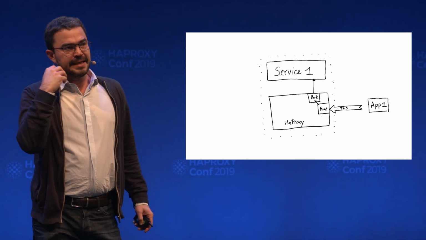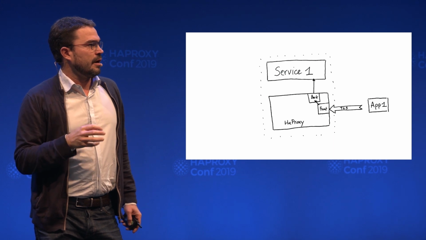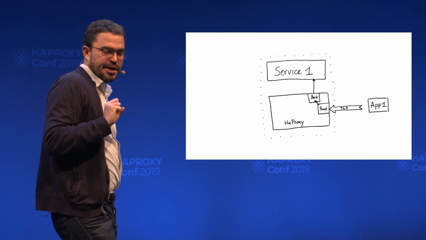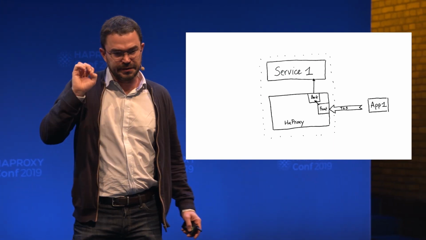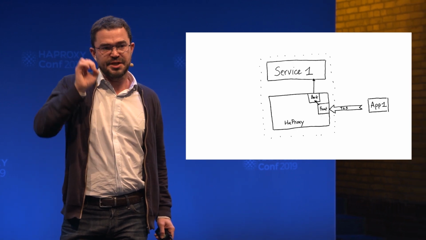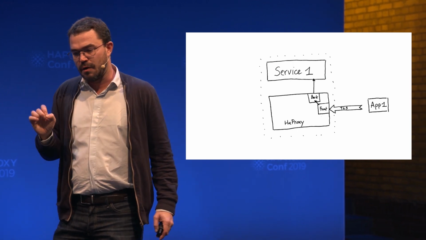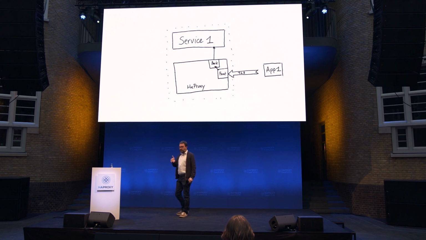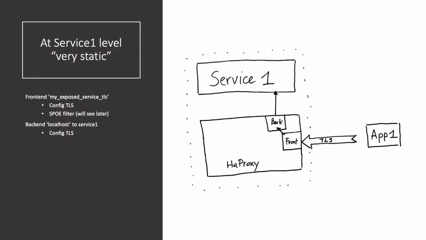So basically, what kind of configuration are we doing here in HAProxy to make it work? This is exactly what happens in the system. Basically, we are on the service 1 side, so the target. We are creating a front directive in HAProxy.